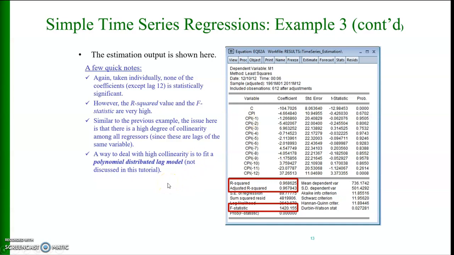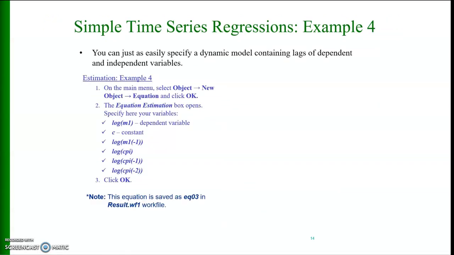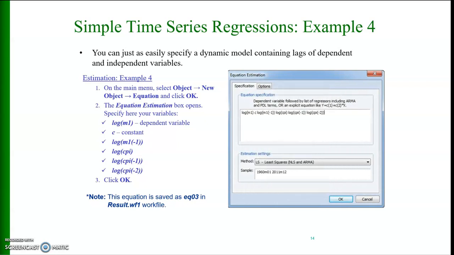A way to deal with the high collinearity is to fit a polynomial distributed lag model. Here is another example, where I am going to regress log of m1 on a constant, log of m1 with first lag, and then log CPI and log CPI with first and second lag.